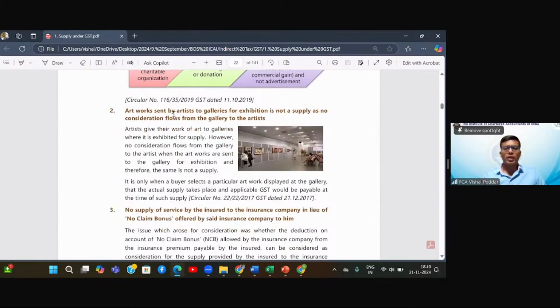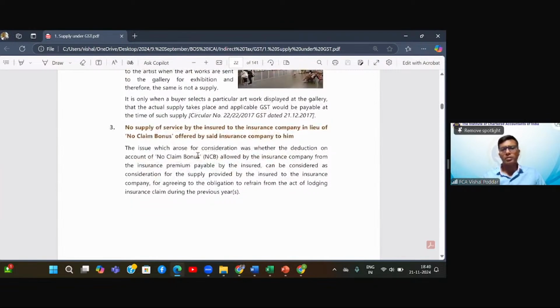We discussed this. Another thing we discussed is when artists send their artwork to galleries for putting in exhibition, simply sending to galleries cannot be a supply. Thirdly, we discussed this also.